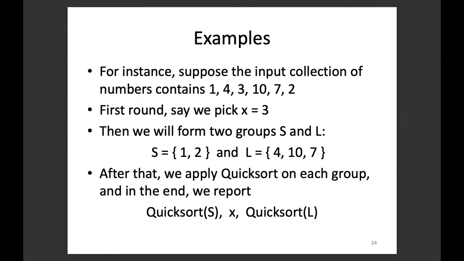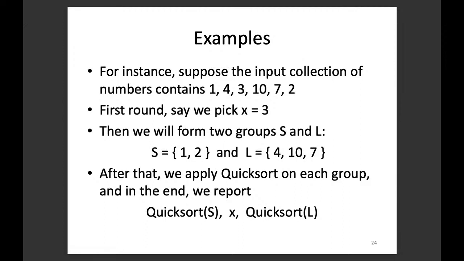So assume this is true, and assume that quicksort can sort any collection of numbers from 1 number, 2 numbers, up to n numbers. By using the strong induction argument, we are trying to show that suppose quicksort can sort 0 numbers, 1 number, 2 numbers, up to n numbers correctly. Then we can use quicksort to sort n plus 1 numbers.